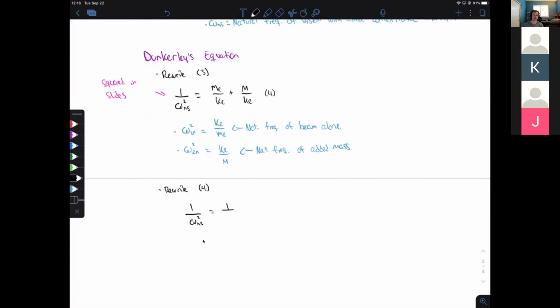And now we're just going to basically plug in the variables that we just created. So 1 over omega 1n squared, plus 1 over omega 2n squared. And this is Dunkerley's equation.